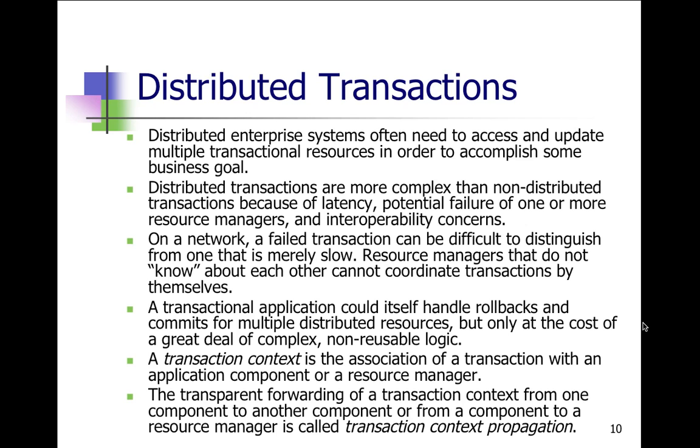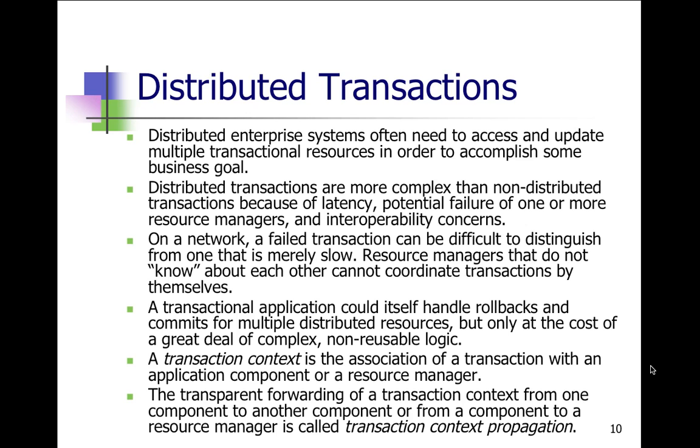So a transactional application could itself handle rollbacks and commit multiple different distributed resources, but only at a cost of a great deal of complexity, with no reusable logic. If each one of these servers was basically a self-contained island of its own, it would work just fine. However, there's no communication. You're taking away that distributed transparency between the different computers.